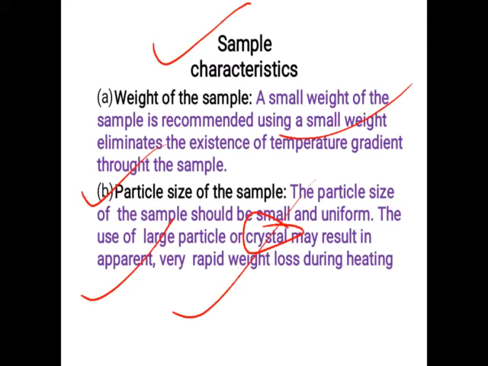That's why we require a very small particle size along with uniformity. So one particle and another particle must be nearly the same size. There should not be a change in the size of the samples. Okay, so these are the factors which affect the graph or the curve of thermogravimetry.